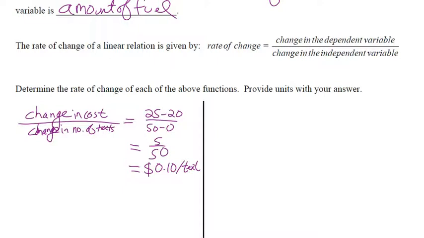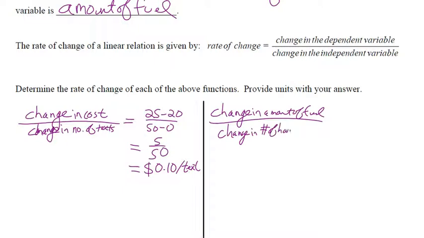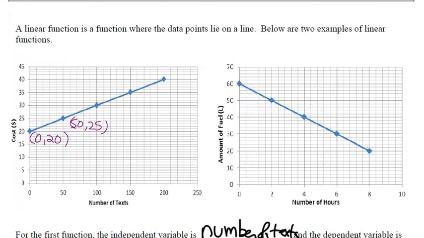The other one is the change in the amount of fuel over the change in the number of hours. So we need some numbers to go with that. So we have the point 0, 60 and we have the point 2, 50.